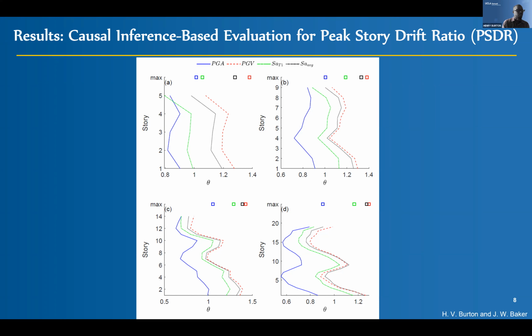This is important for 2 reasons. As we detail in the paper, this is not always the case for this efficiency and sufficiency-based assessment. Also, in most prior studies involving efficiency and sufficiency, only the maximum response over the height is considered.